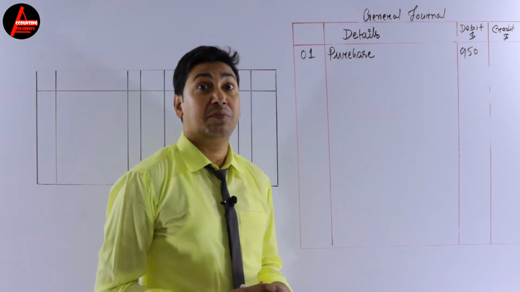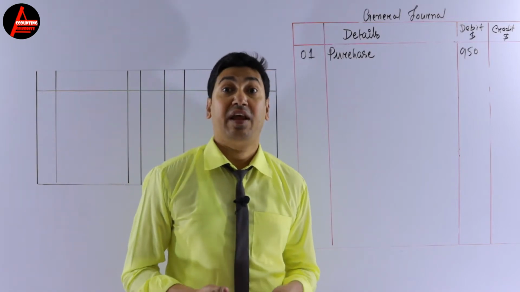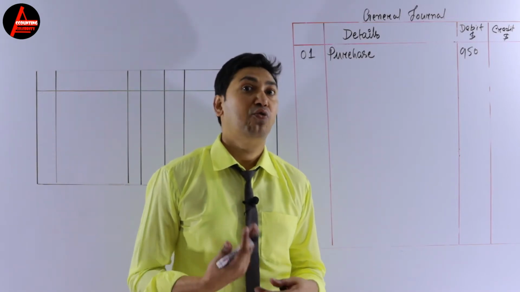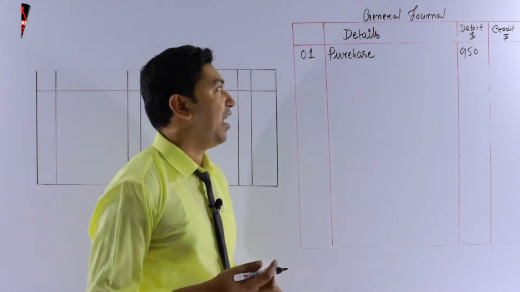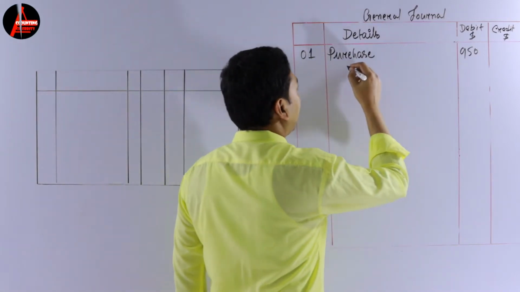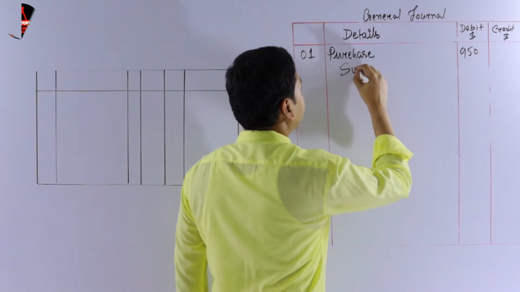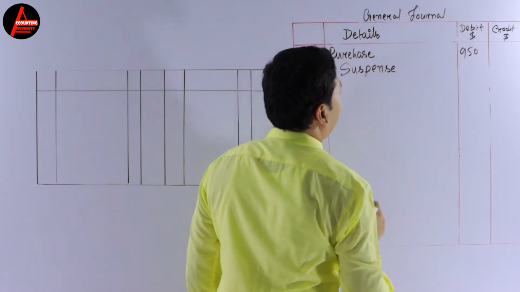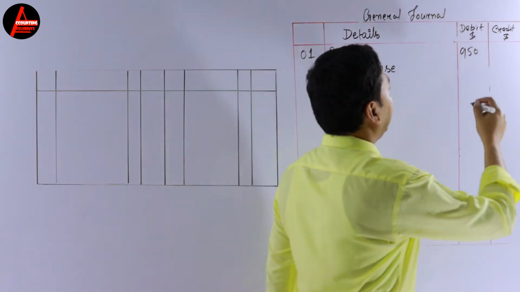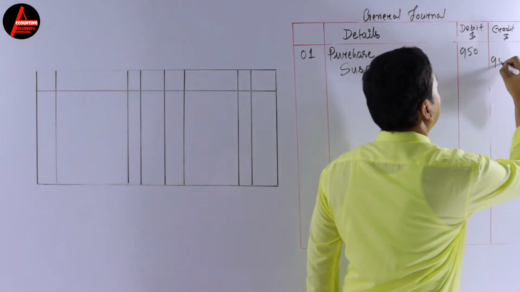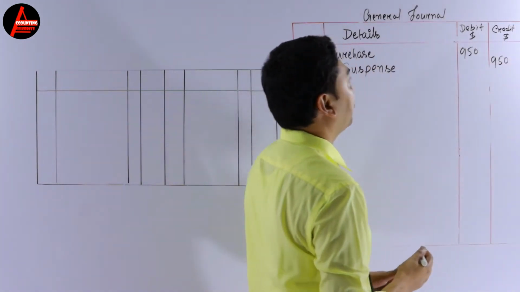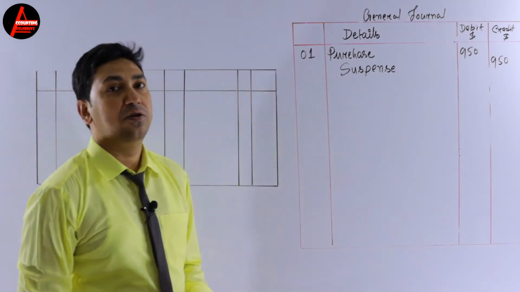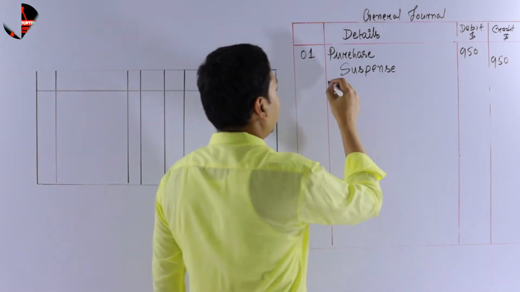If we don't know the mistake, to balance the trial balance temporarily, we add the suspense account. So let us write here suspense account, with the same balance credited. Okay, very good. So first one is done.